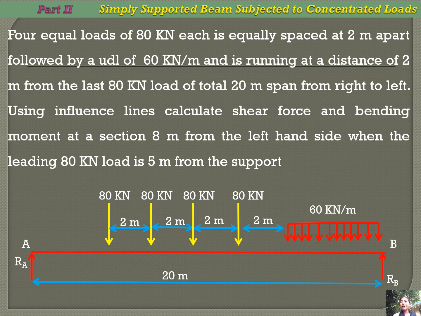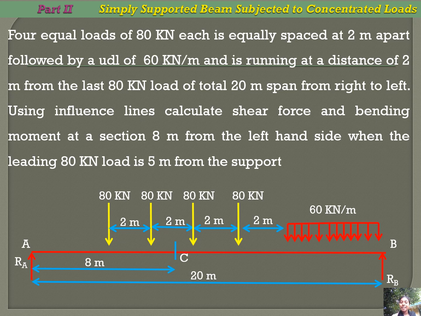Because the given set of loads are moving from right to left, the first load, that is the leading load, is the first 80 kN, the load near the support A. So the first 80 kN load which you see in the diagram is your leading load.